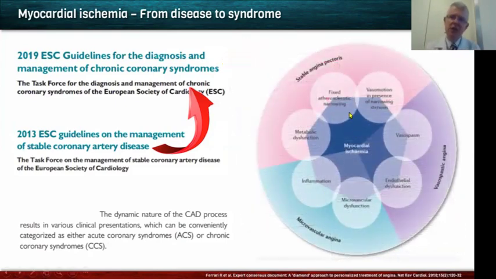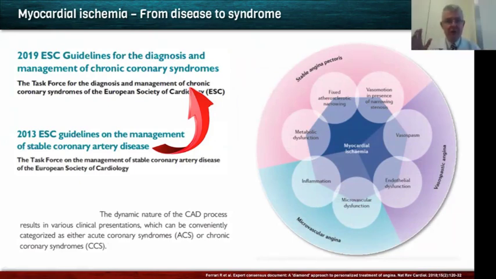And you can see here in the slide that if you have myocardial ischemia as the center of this disease, you may have a patient complaining of angina, having myocardial ischemia because of a fixed atherosclerotic narrowing, an epicardial stenosis.